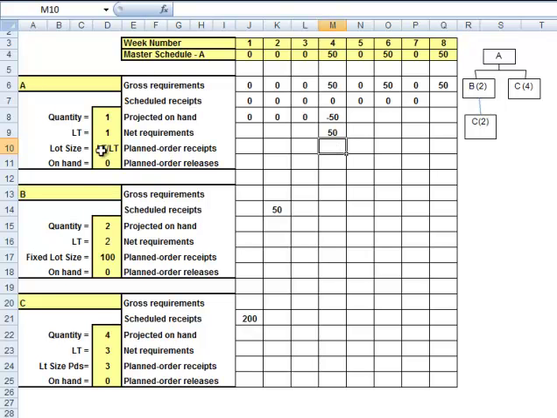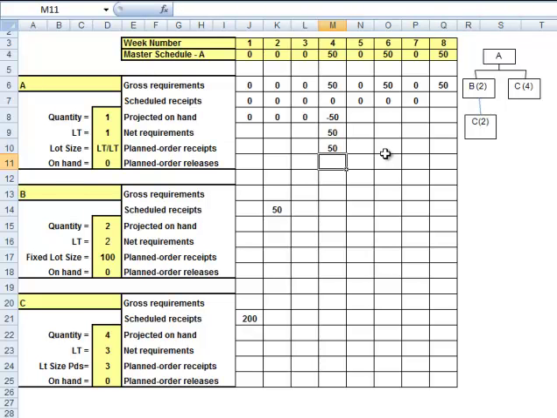So we look at the lot size policy for this part, and the lot size policy is lot for lot. And you recall from the previous lecture, the definition of lot for lot is what you need is what you get. So if I need 50, what I'm going to produce is exactly that, not one more, not one less.